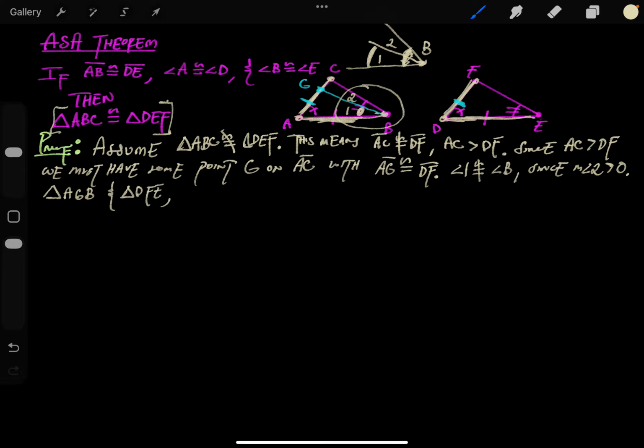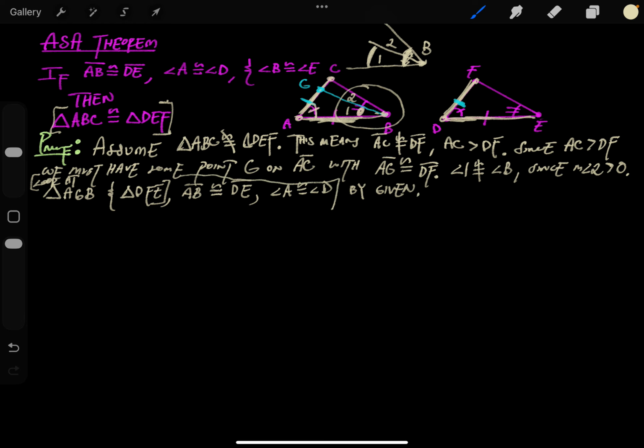So let's do the proof while we write it. Look at triangle AGB and triangle DFE. AB is congruent to DE. Then we have angle A congruent to angle D by given. Both of these things are given to us.